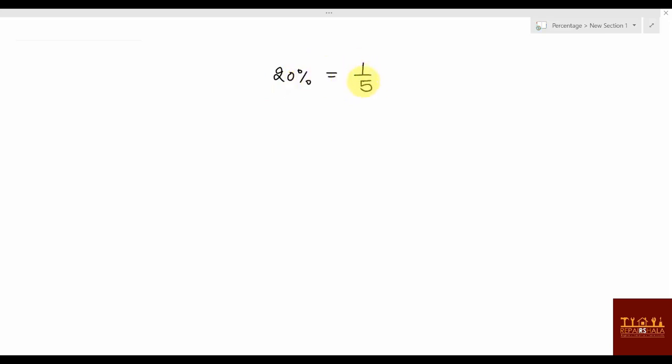1 by 5. If I say that one quantity is increased by 20%, what you can say is, suppose this quantity is X old, and the quantity you get after the increment is X new, right?